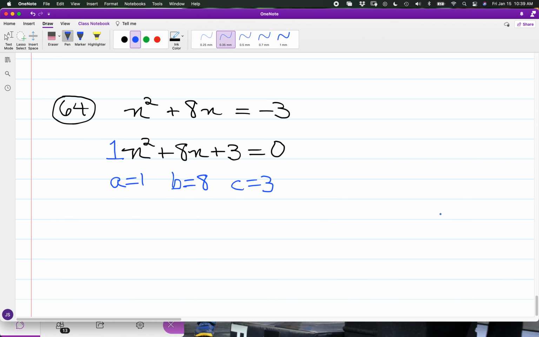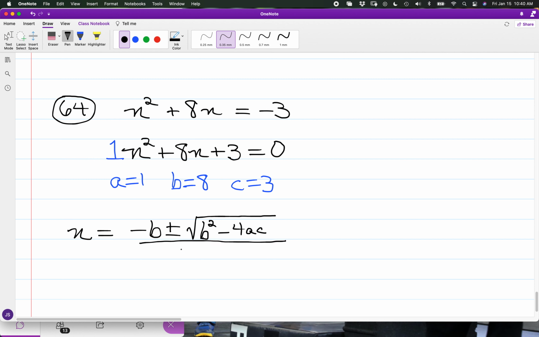Now, again, we're solving for n as opposed to x, but we're still going upon the same premises in the quadratic formula setup. So we still have negative b plus or minus the square root of b squared minus 4ac and we have all over 2a.